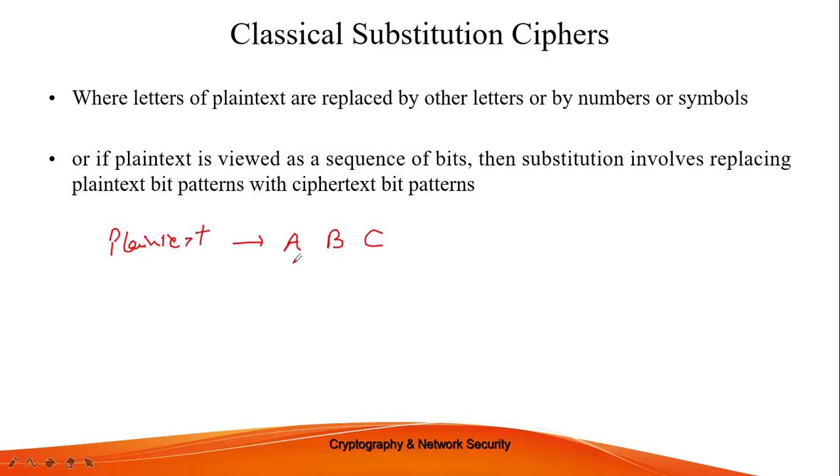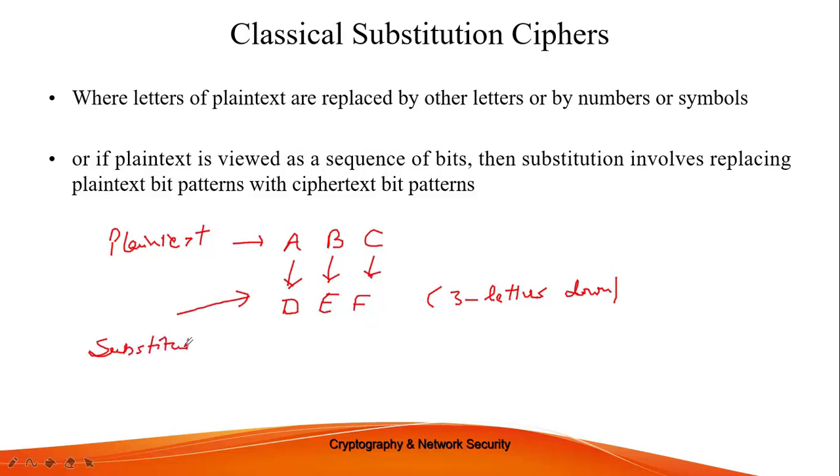A will be replaced by D, B will be replaced by E, and C will be replaced by F. That is, 3 letters down in our alphabet. This is called substitution.